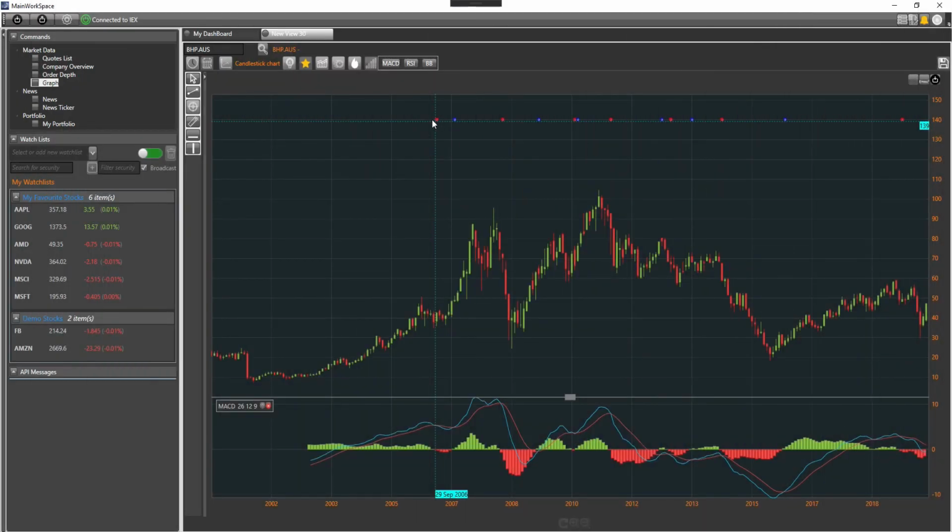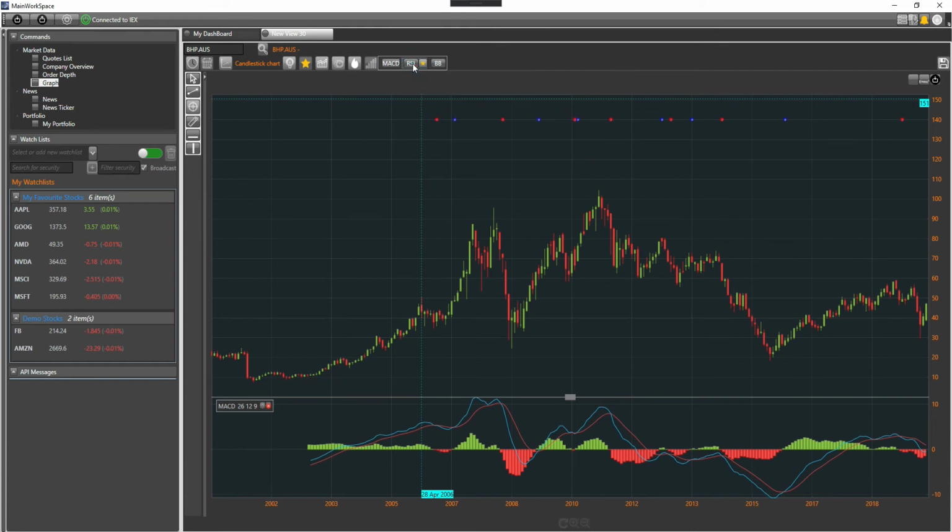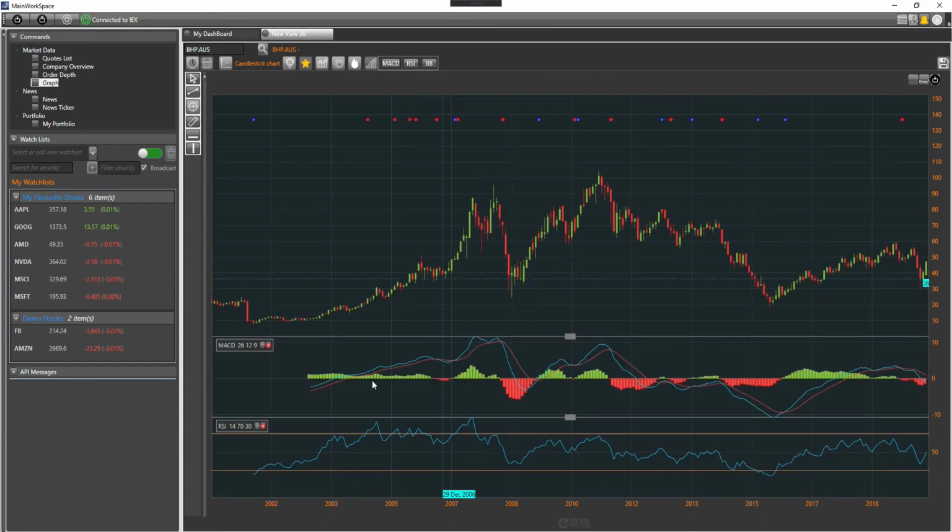Okay, so let's talk about the RSI next. I'll put it on top of the MACD, so that's the relative strength index. And as you can see, it is a blue line going between 0 and 100. And you'd have an upper band and a lower band.